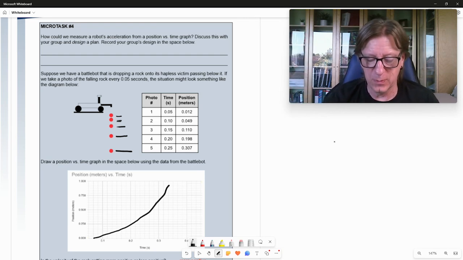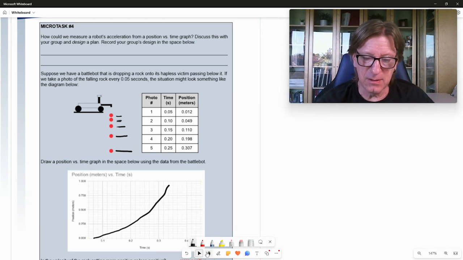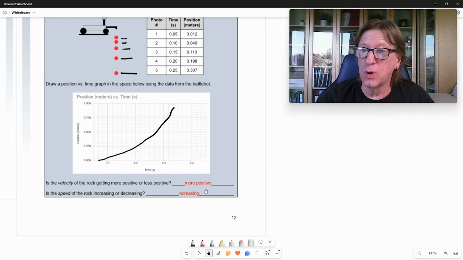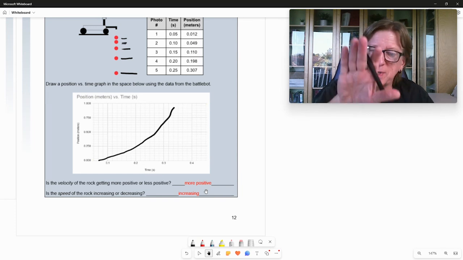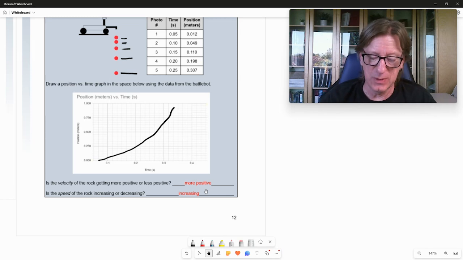So is the velocity, look down at the questions here, getting more positive? Yes, and the speed of the rock is increasing. We've talked about this before, right? The slope is increasing because it's becoming more positive, and so the speed of the rock is also increasing.